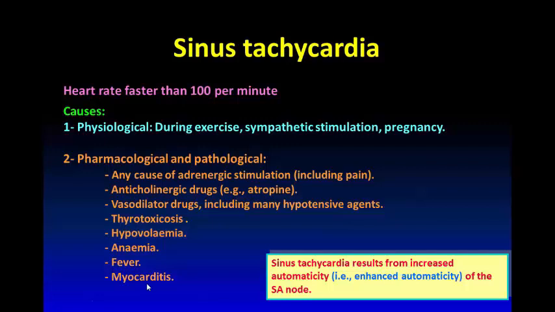As I've just mentioned, sinus tachycardia results from enhanced automaticity of the sinoatrial node.